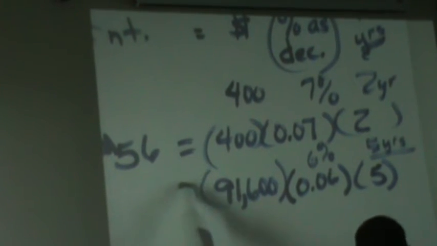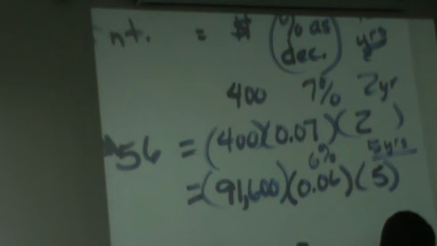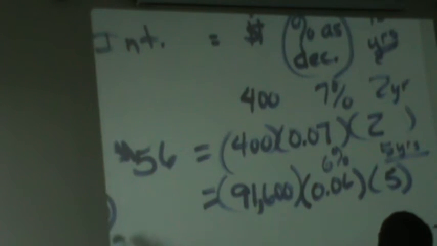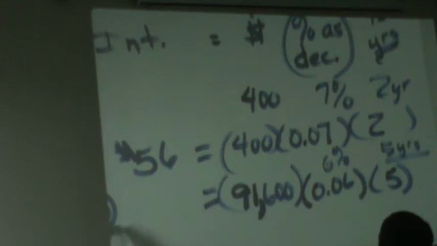Multiply those out. Philip, what'd you get? $27.28? C. C is what? 27,480.